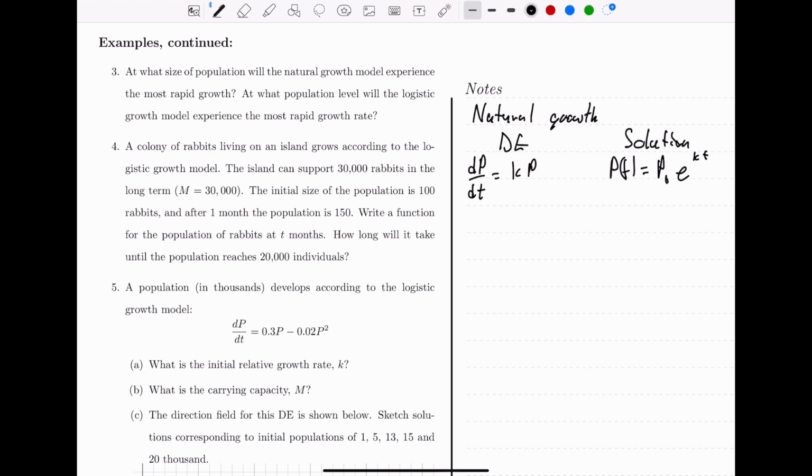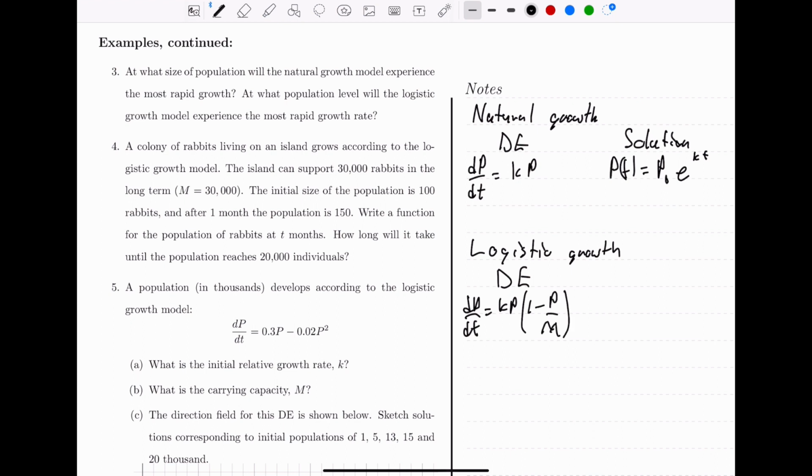Then we solved the logistic growth model. The differential equation for logistic growth is dP/dt equals kP times (1 minus P over M).